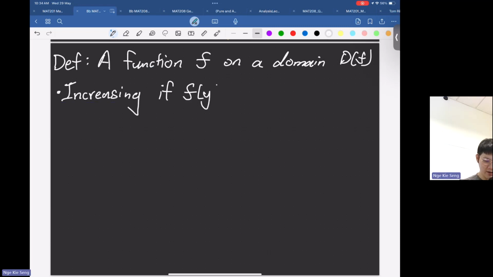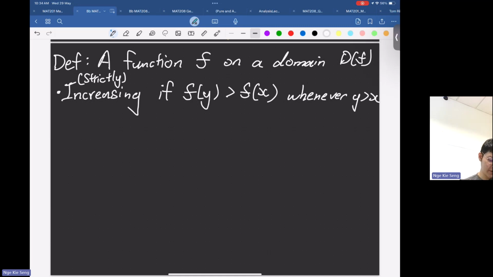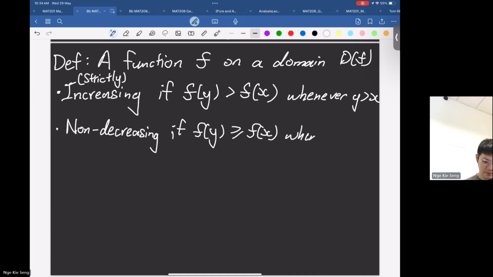If f(y) is strictly greater than f(x) whenever y is greater than x. Sometimes we say this is strictly increasing, but they refer to the same thing. This differs from non-decreasing, where you allow f(y) greater than or equal to f(x) whenever y is greater than x.